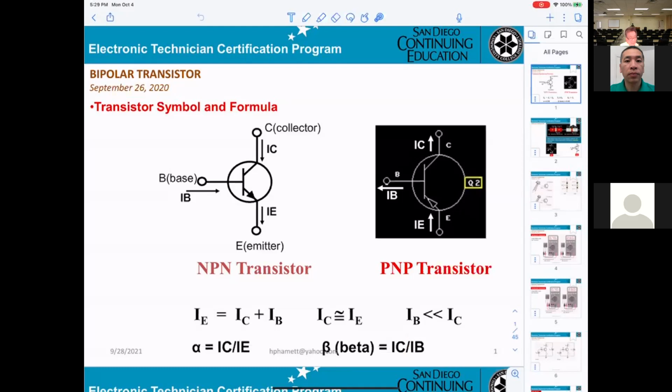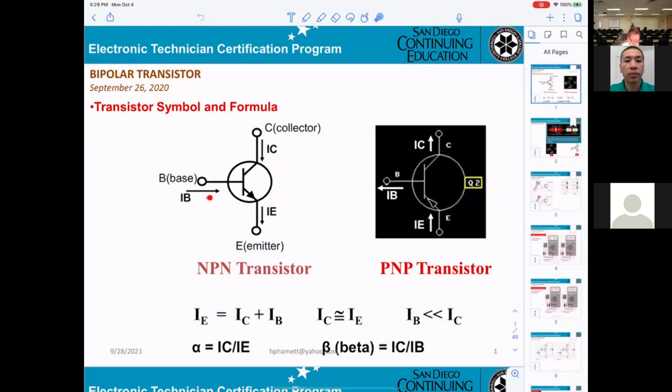And the beta can change from 50 to 300, and that is set by the manufacturer. That means when you get a transistor, they already tell you what beta equals. I give you an example. Beta equals 100 for this transistor.